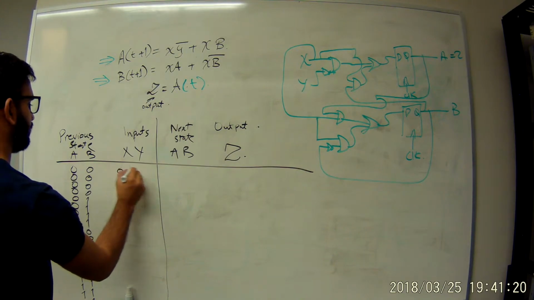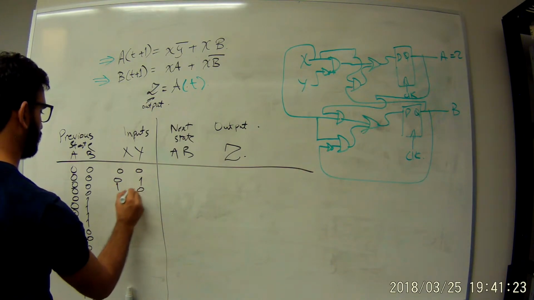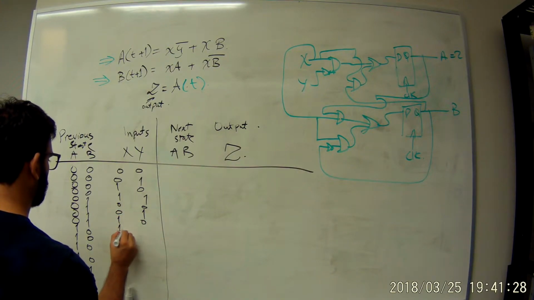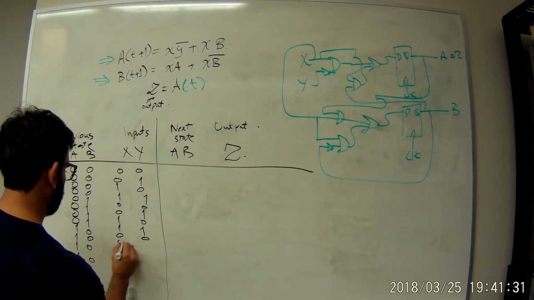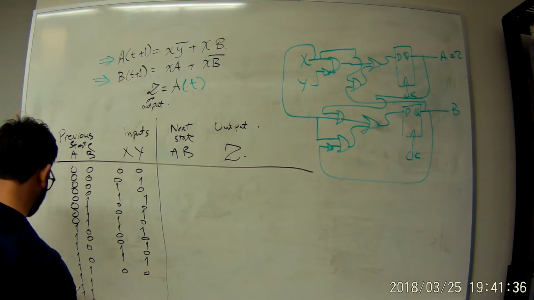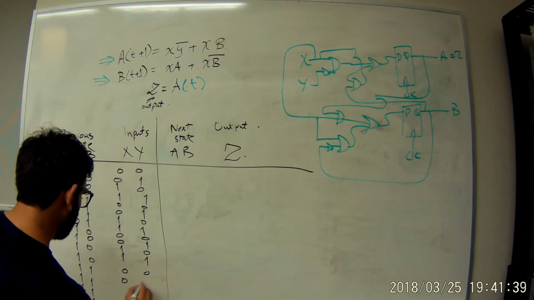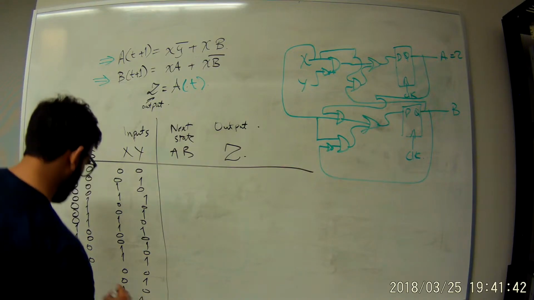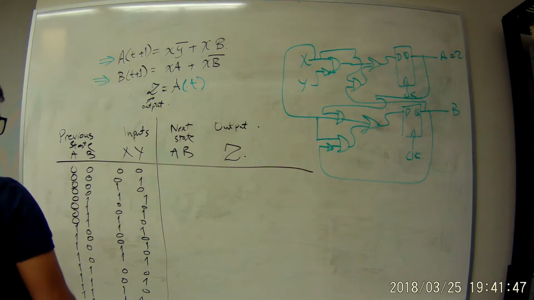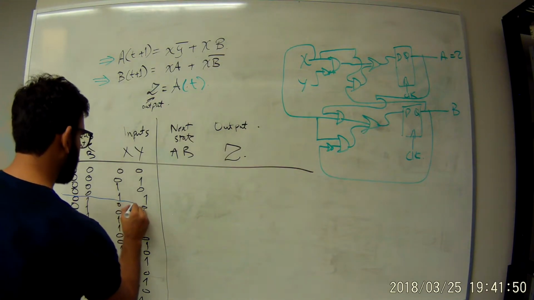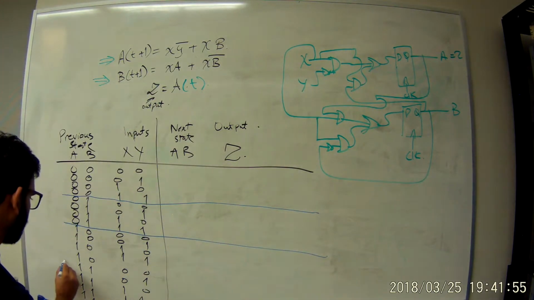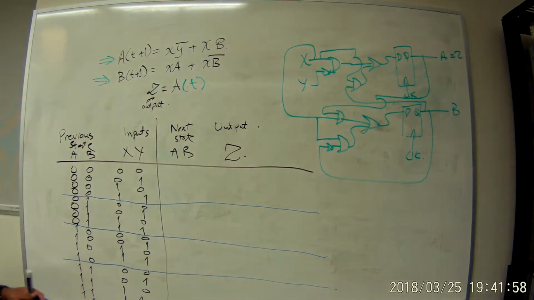For each of them, I'm going to have 0 0, 0 1, 1 0, 1 1, repeated. And so we can see clearly, I'm going to just divide it up using lines, and now we have 16 cases.